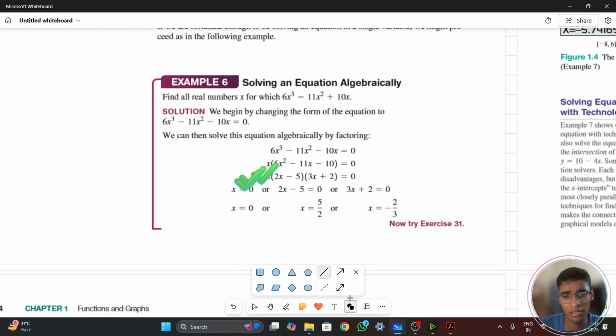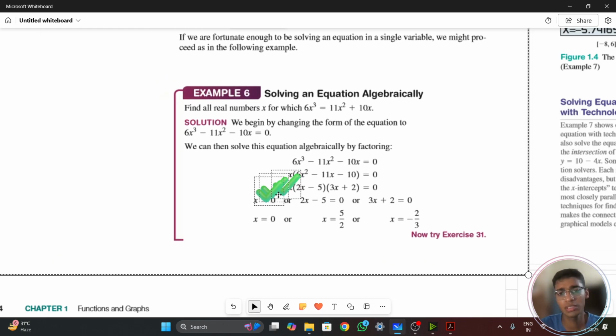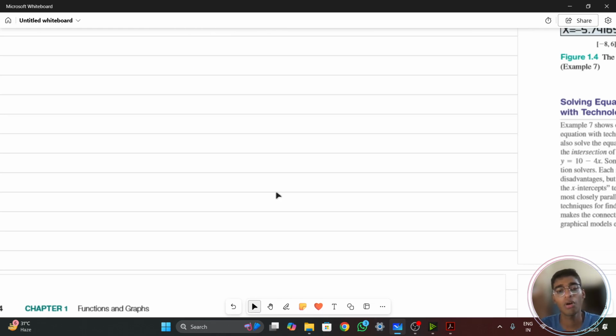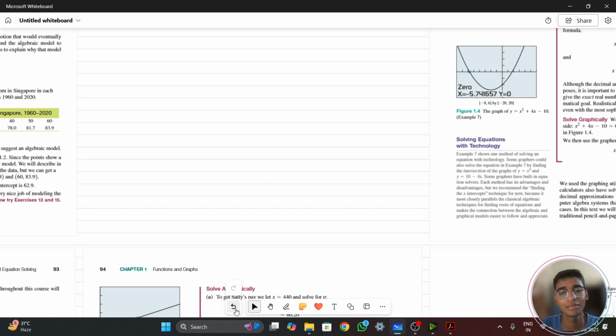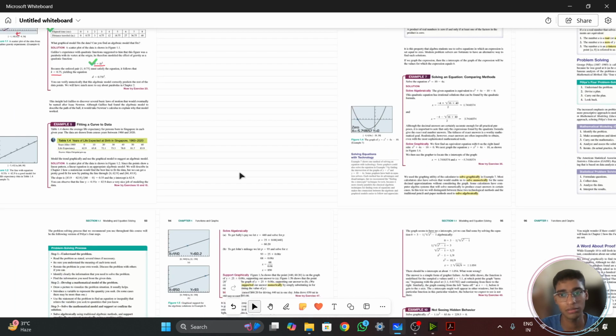There is some issue again, let me sort it out. We cannot remove this like this. Oh, it's gone. Let me see how many times I need to undo to get that page back.